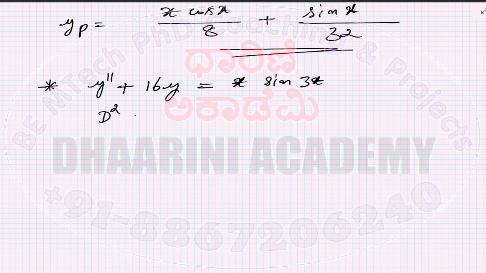So we get D square plus 16 into y is equal to x sine 3x.